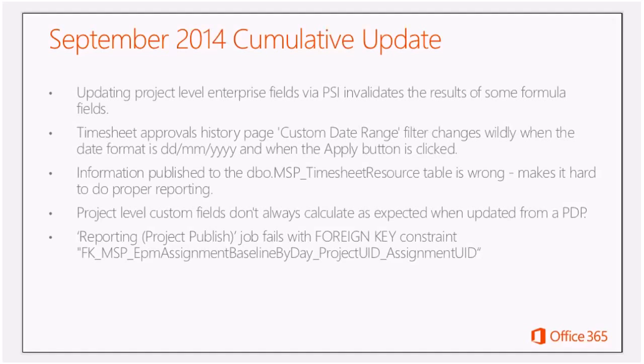The third item here is that the published information in that given table I have listed there, the timesheet resources table within the reporting database, is wrong. Okay, why is it wrong? Well, when you submit and let's say you get your timesheet approved, there is information put into this table that says who you are and that your timesheet was approved.